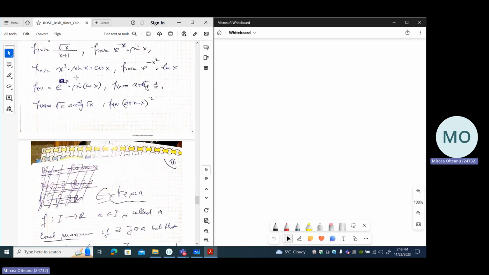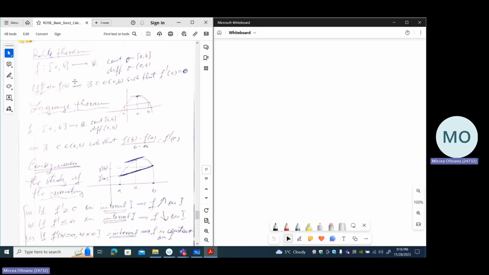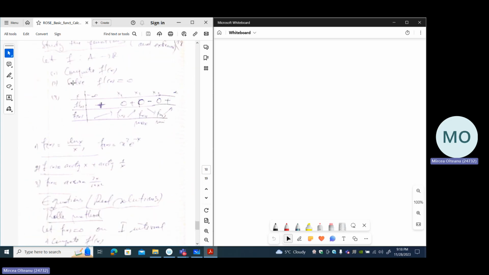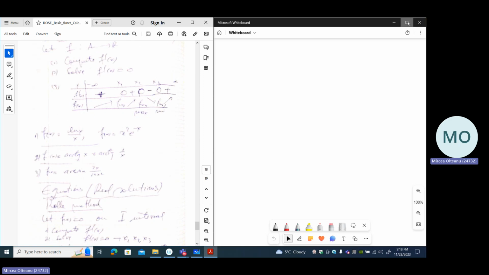For example, we can study even more complicated functions. Let's consider, for example, f of x equals logarithm of x over x. So here the domain of definition is 0, infinity.